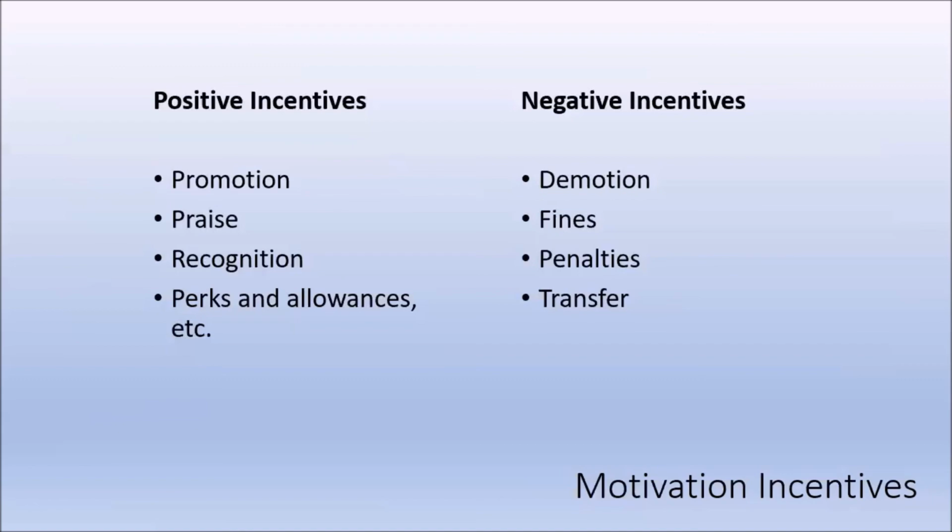So the negative incentive is usually applied when the positive incentive does not work. It will provide a psychological setback or reverse psychology to the employees. For example, the demotion, fines, penalties, and transfer. So this negative incentive is used to correct the mistakes that have been made by the employees.